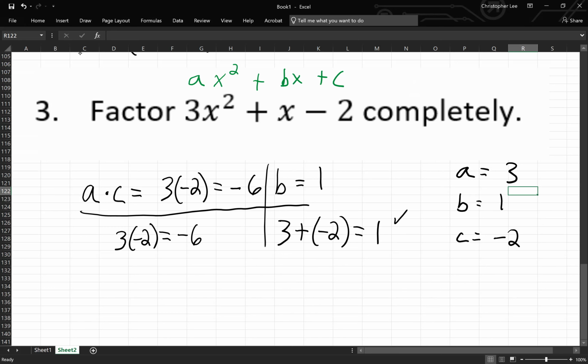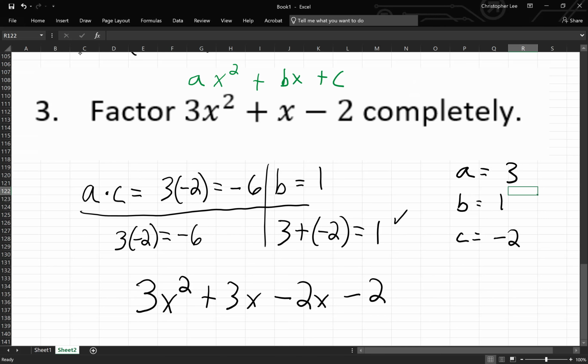After we get those numbers, we want to rewrite our expression. I have 3x squared, but instead of the b term, I'm going to use the numbers that we just found. So this is going to be plus 3x minus 2x minus 2, just like that.